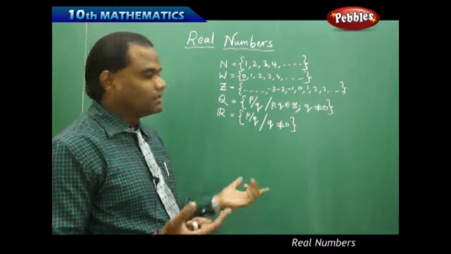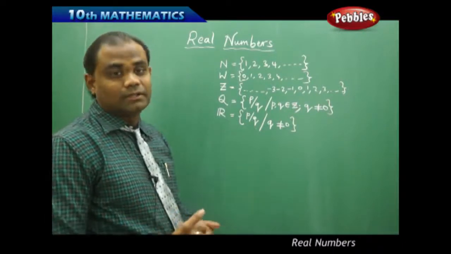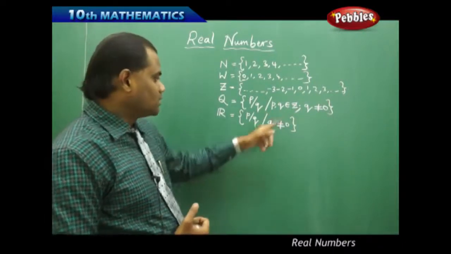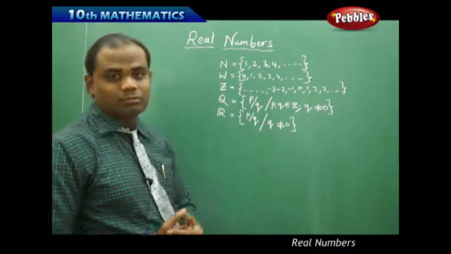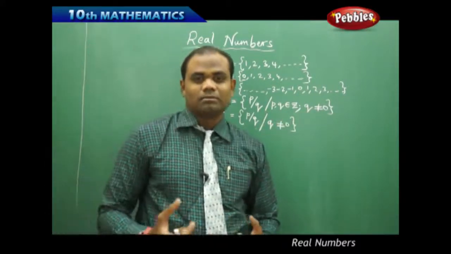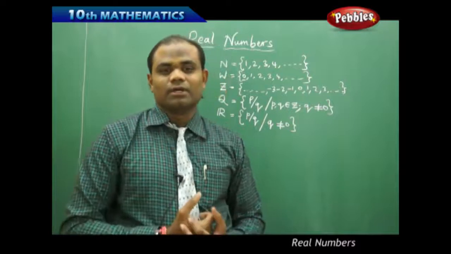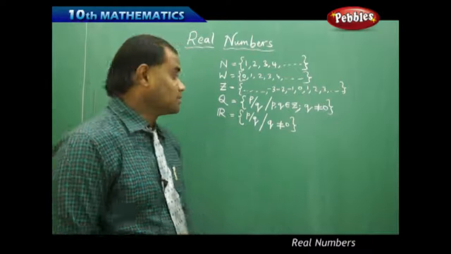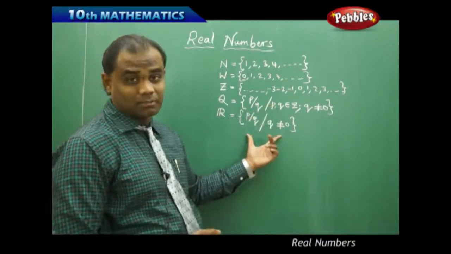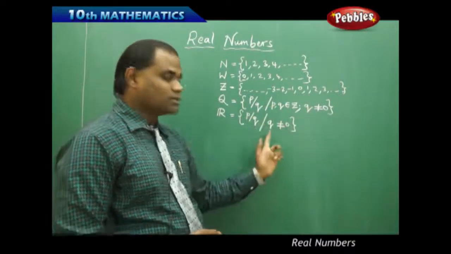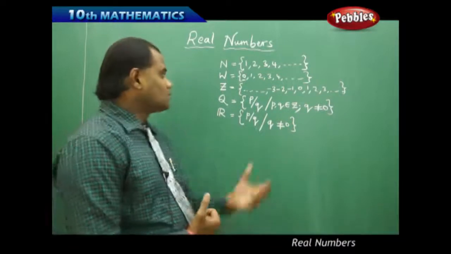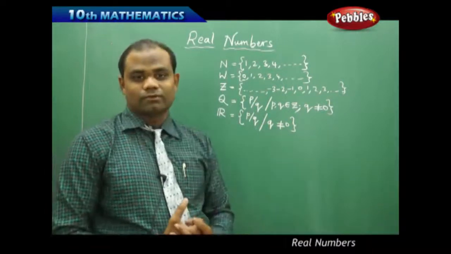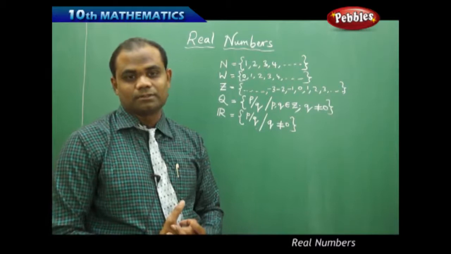They can also be any number which is not an integer. But in both cases, the rule is that q should not be equal to 0, because any number where the denominator is 0 is an undefined value, and hence the restriction for both sets of number systems is that q is not equal to 0. This is how I define each of the sets of numbers in the real number system.